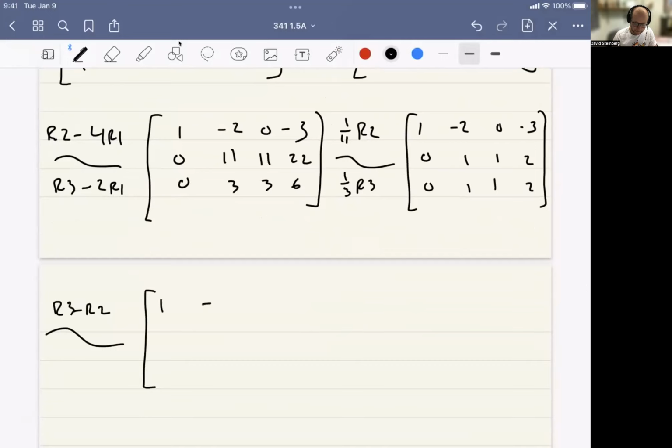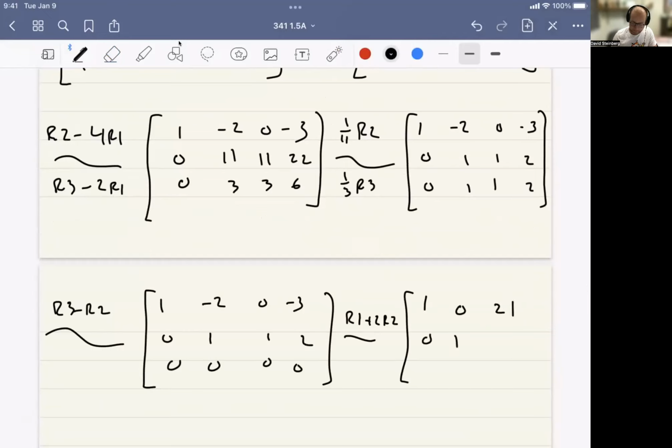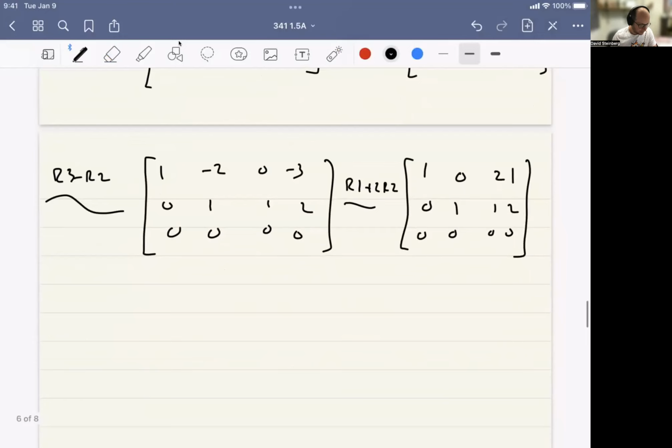Okay, 1, -2, 0, -3. 0, 1, 1, 2, all zeros. And then row 1 plus 2 row 2. Finally, to get us back to 1, 0, 2, 1, 0, 1, 1, 2, 0, 0, 0, 0.